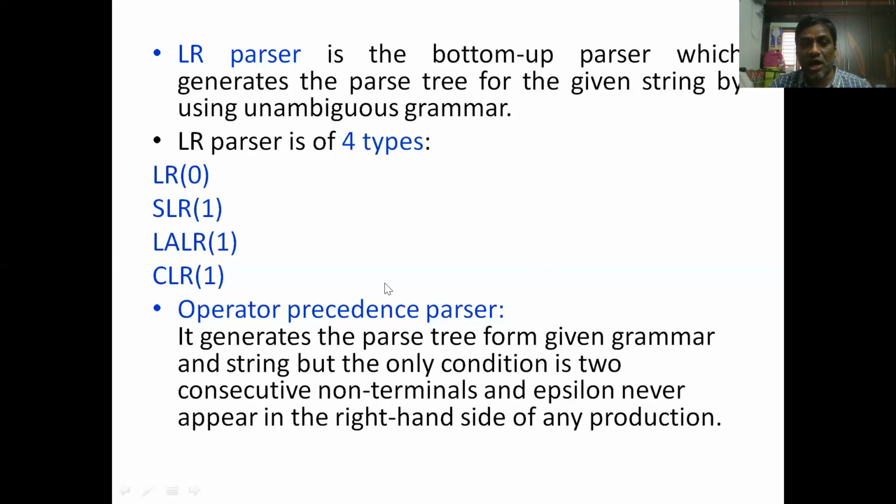That means operator precedence parsers can be designed only for a special type of grammars, which are called operator grammars. So we cannot use this parser for every type of grammar. The application area of this operator precedence parser is very small. Anyhow, we'll be discussing this also in the third unit. I will design the operator precedence parser also, right?